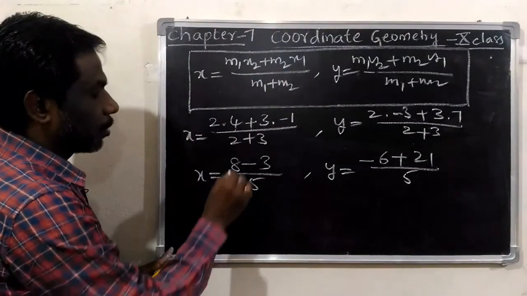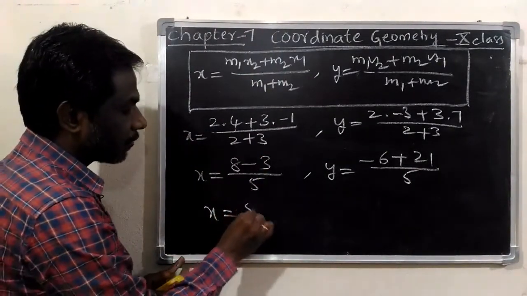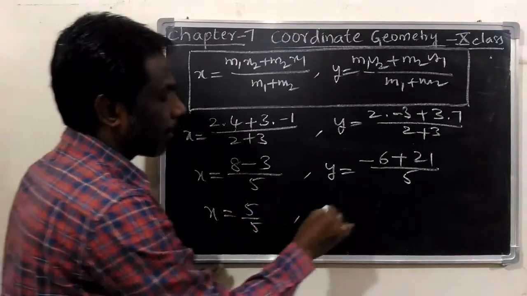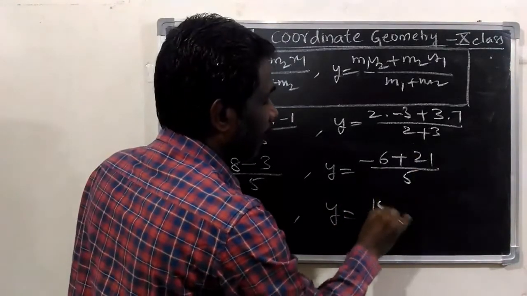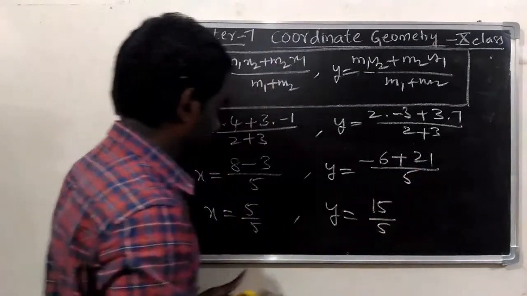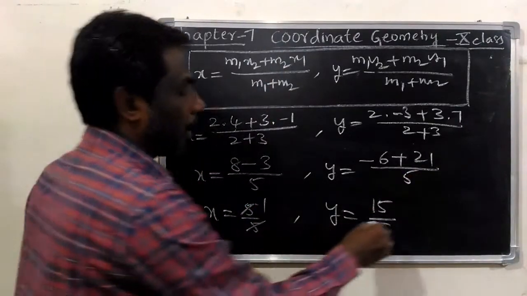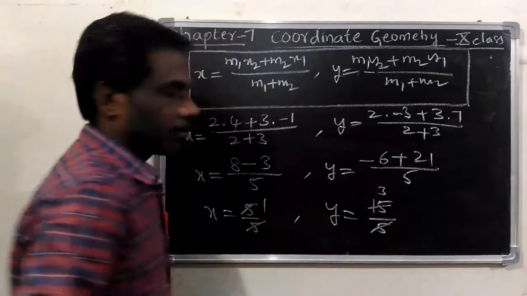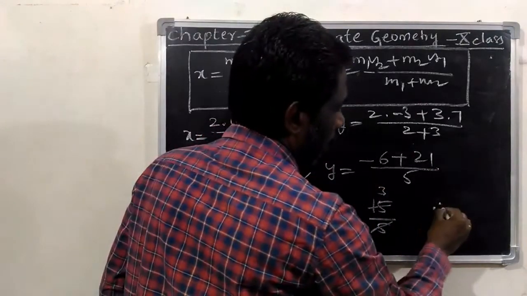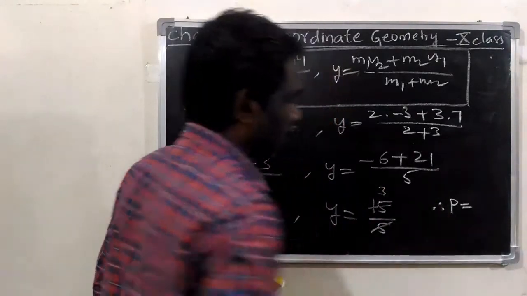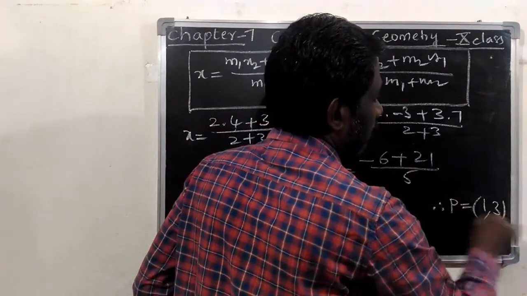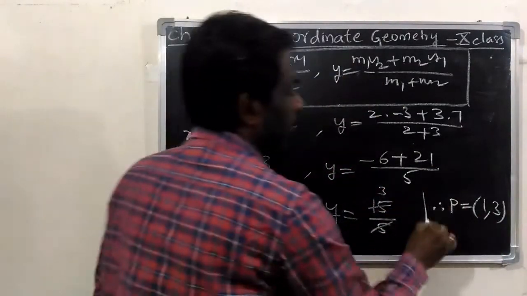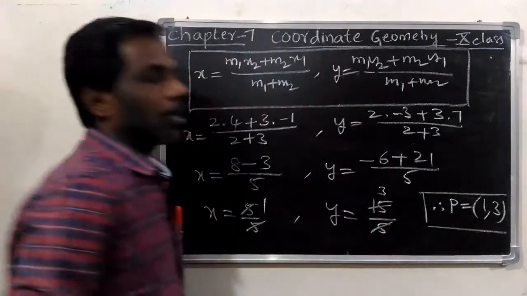So x is equal to 8 minus 3 is 5 by 5, comma, y is equal to -6 plus 21 is 15 by 5. Here 5 1s are 5 and 5 3s are 15. Therefore P is equal to (1, 3). This is the answer. P is equal to (1, 3).